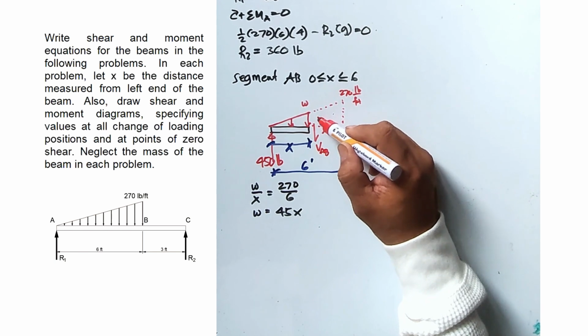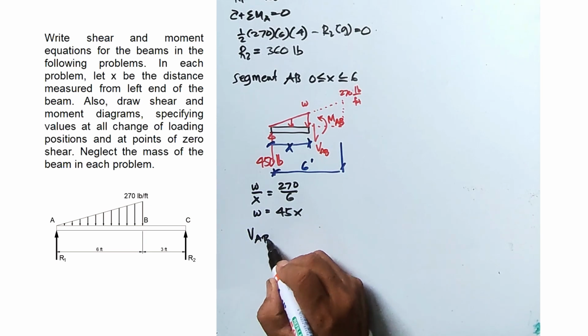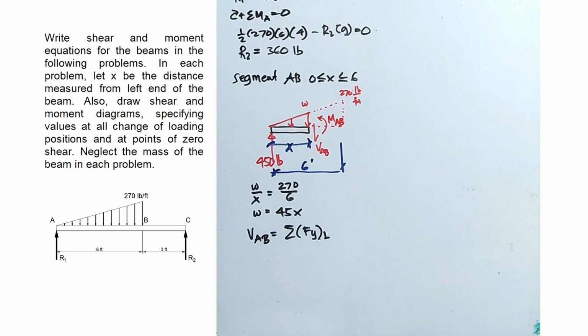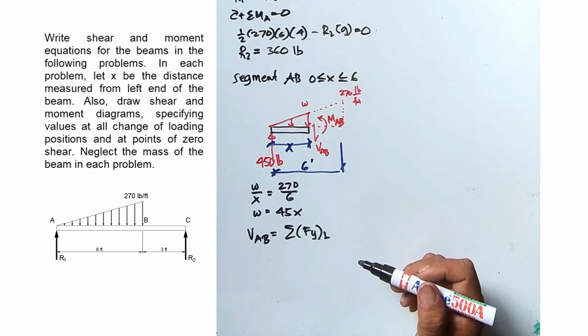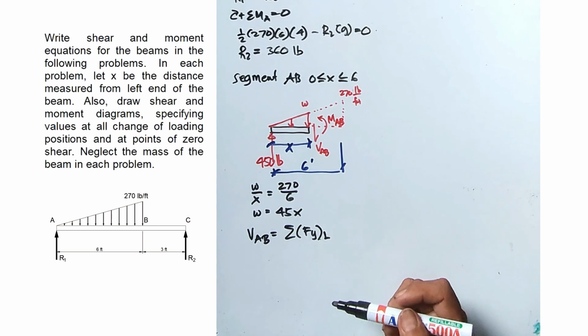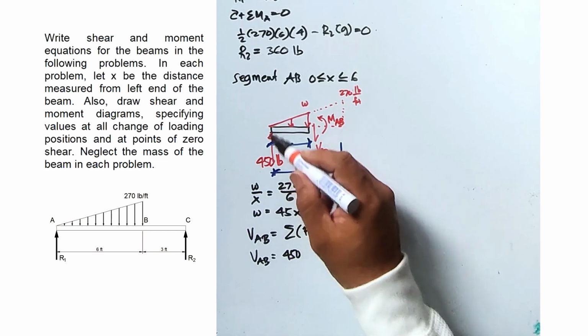Okay, now, the shear and moment equations. So shear at AB is the vertical forces on the left side of the section. The sign convention is that all forces upward will be considered positive. So this is positive, this one, 450.